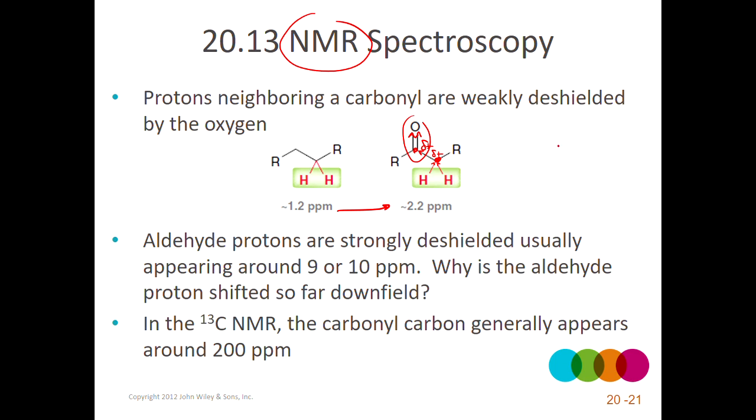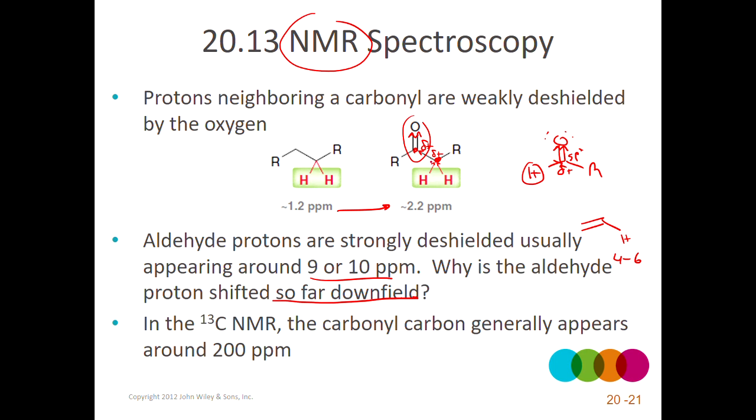In addition, for an aldehyde, an aldehyde proton usually comes around 9 or 10. Why is this shifted so far downfield, almost to the end of the spectra? Well, that's because it's on an sp2 hybridized carbon. Normally we expect protons on an sp2 hybridized carbon, like if it's an alkene, to occur between 4 and 6. But if there's an oxygen nearby that's strongly de-shielding, that will really pull a lot of electrons away, right?